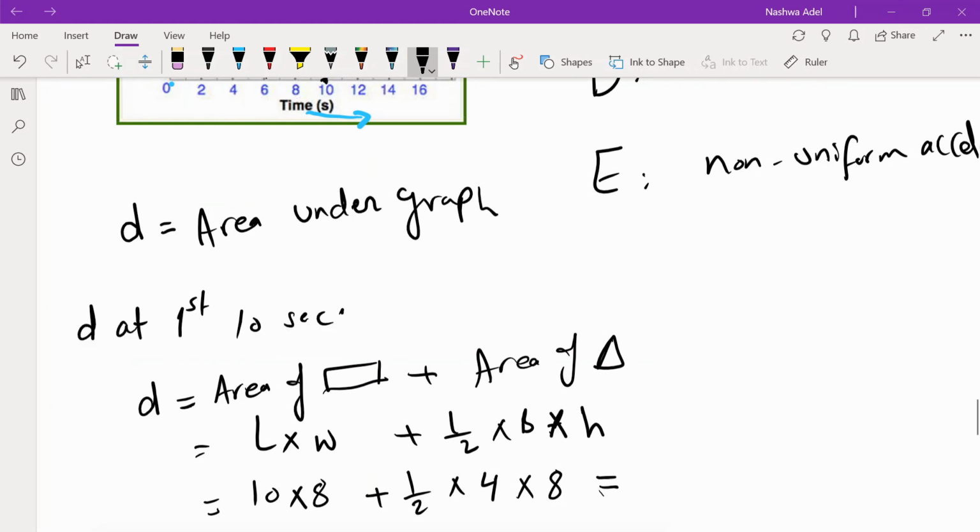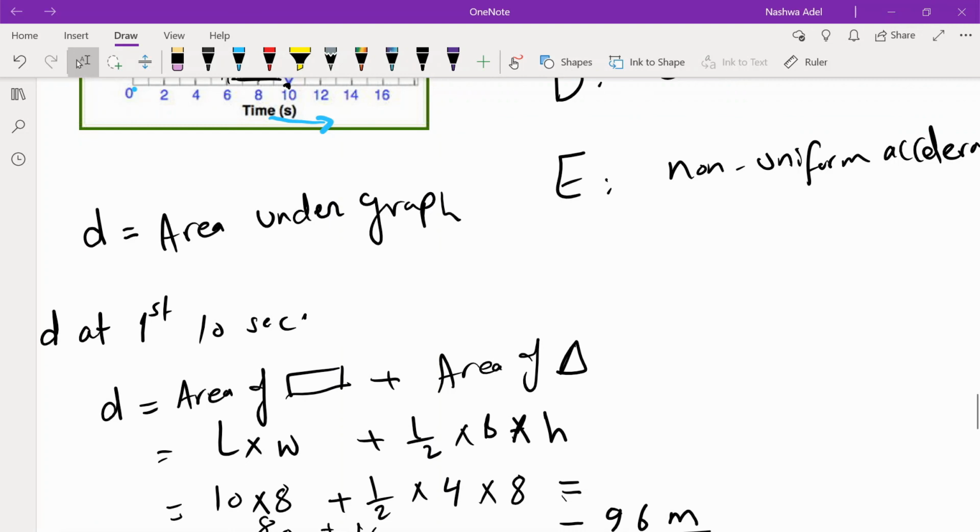Okay, so then we get 80 plus 2 times 8, which is 16. So the answer should be 96 meters.